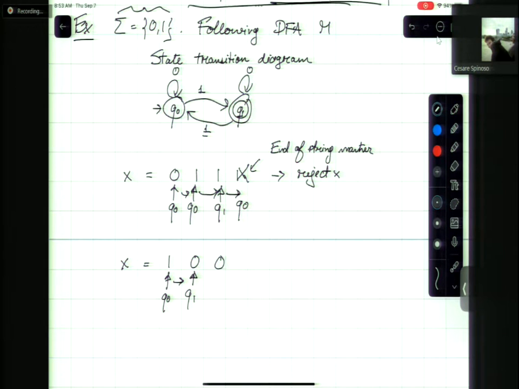Now I'm at Q1, and I'm reading a 0, so I self-loop, which means that I've read the 0, so I move my pointer, but I stay in the same state, because it's a self-loop. Then again, I read another 0, and again the same thing happens.